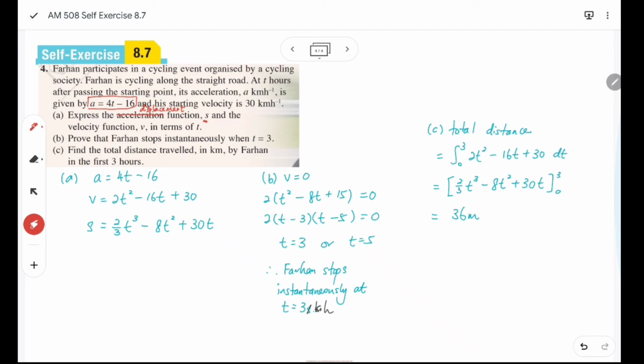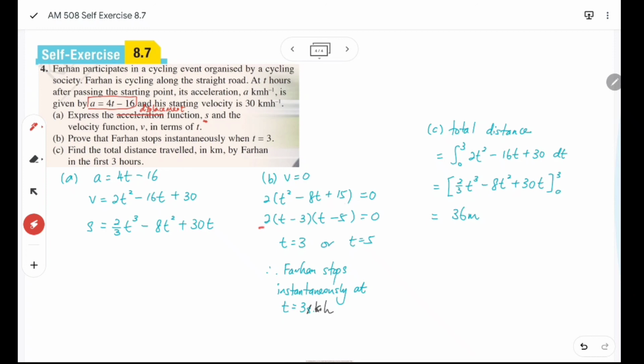B. Prove that Farhan stopped instantaneously when t equals to 3. So stopping instantaneously means that I'm not moving, I should have no velocity. So V equals to 0. So 2t squared minus 16t plus 30 equals to 0, and we factorize out the 2, we get 2 times (t squared minus 8t plus 15) equals to 0. So factorize the t squared minus 8t plus 15 again.